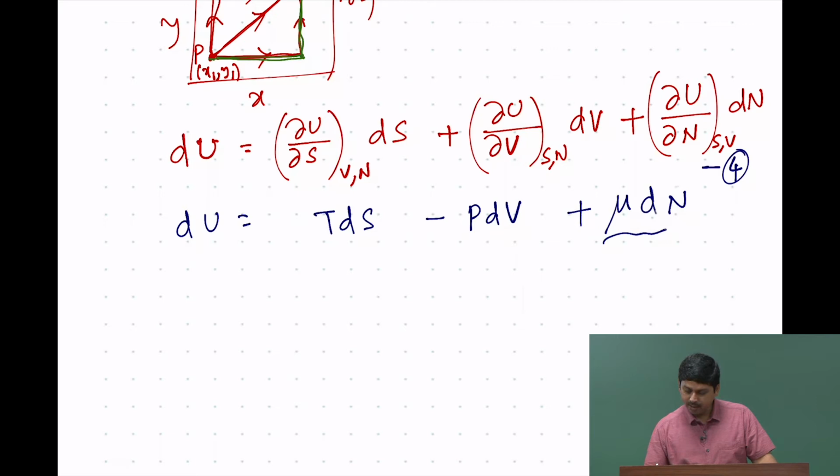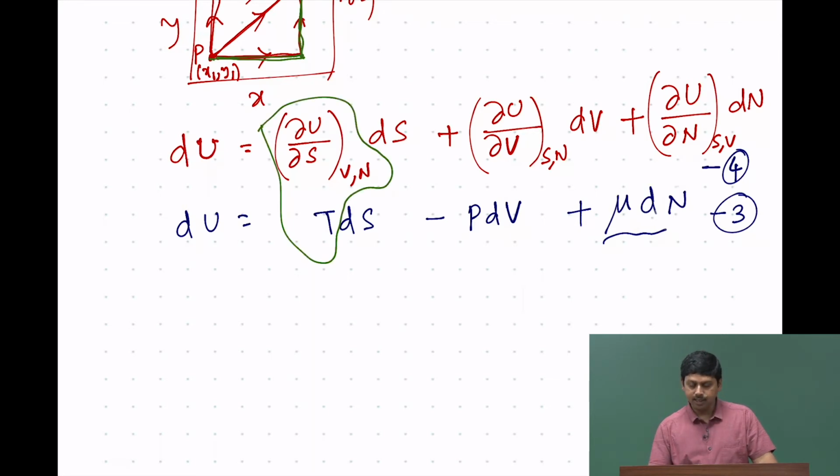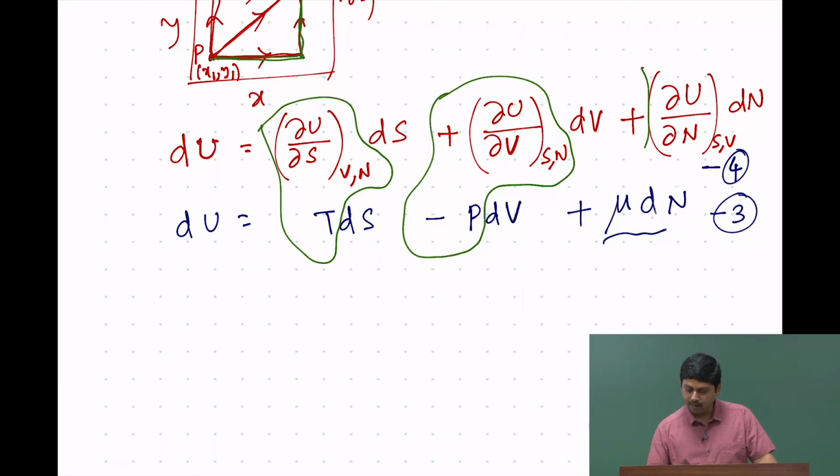Now, let us compare equations number 3 and 4, and what do we observe? We see that they are similar, because if I just take the ds out, then we get to see this one. Similarly, this is the same and this is the same, right.